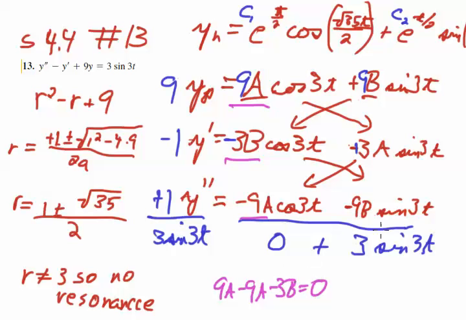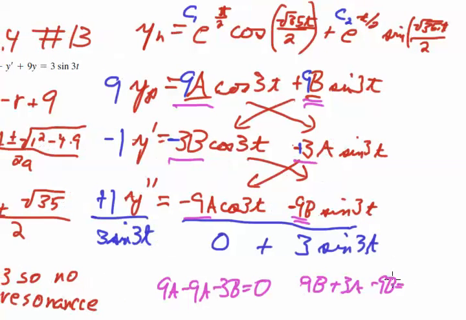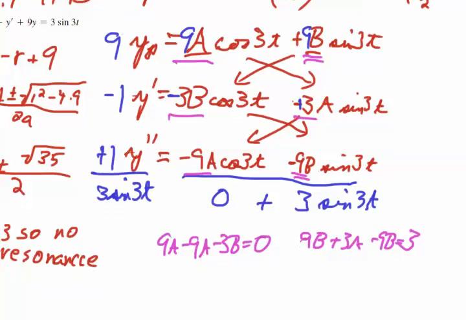And this one over here leads to 9b plus 3a minus 9b equals 3. So at this point I can see that negative 3b equals 0, which means that b equals 0.